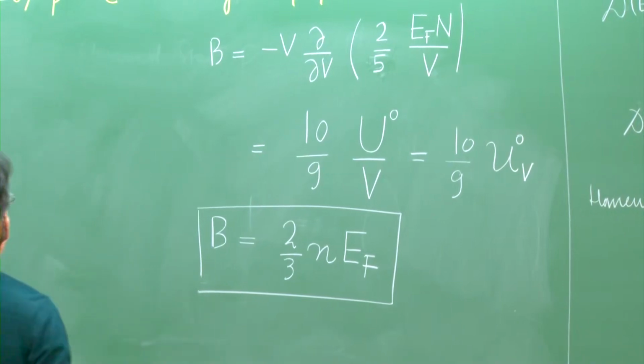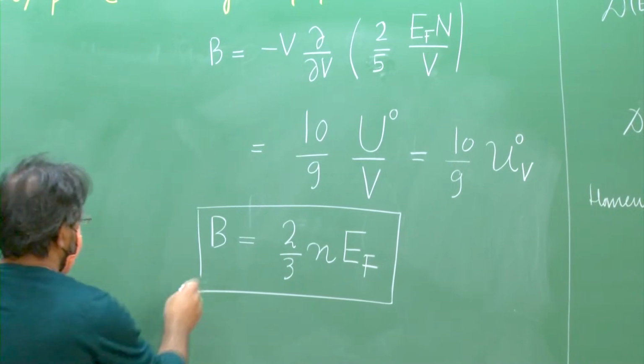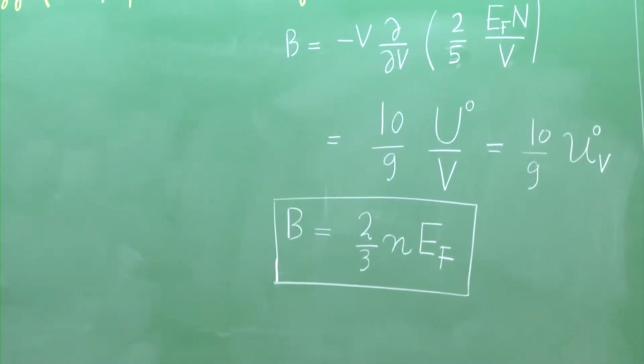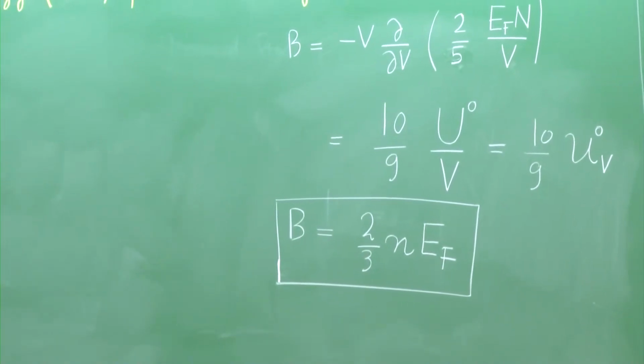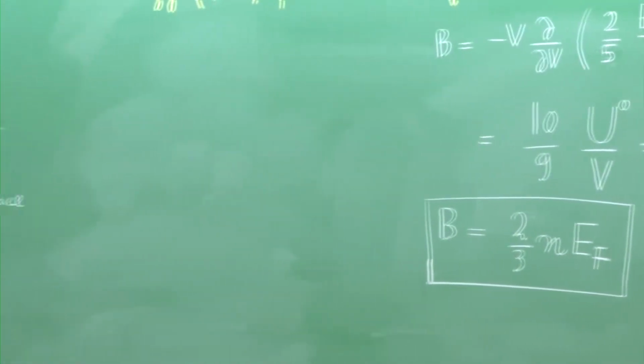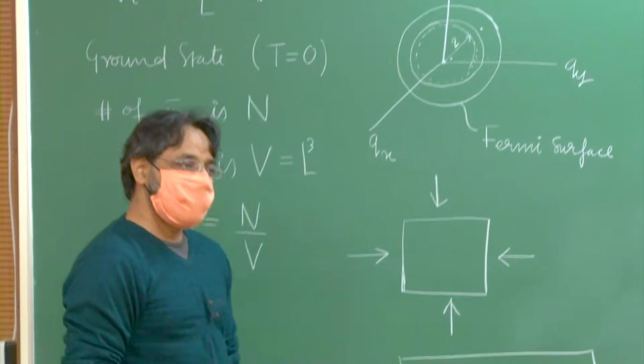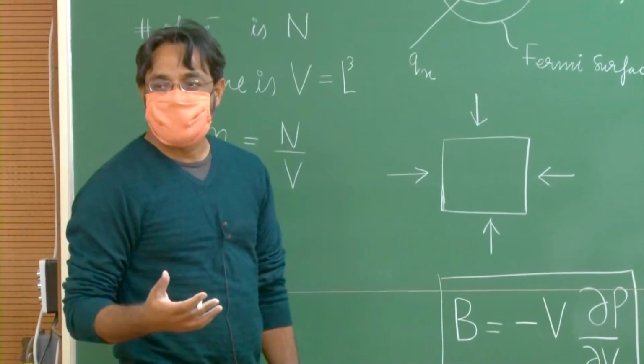So, let us come to the crux of it. We have obtained the bulk modulus. How does this compare with the value of bulk modulus for the metals? That will give us an idea of the contribution of free electrons, because we know that in metals, besides the free electrons, there are also these ionic cores, right.